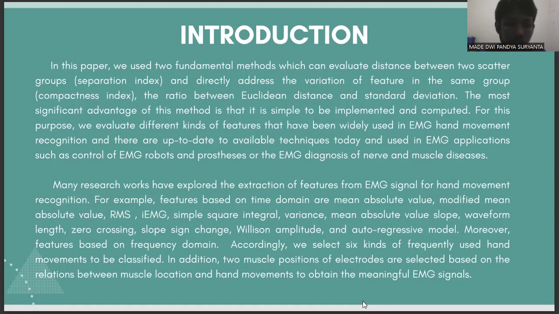Moreover, features based on frequency domain. Accordingly, we select six kinds of frequently used hand movements to be classified. In addition, the muscle positions of electrodes are selected based on the relation between muscle location and hand movement to obtain meaningful EMG signals.